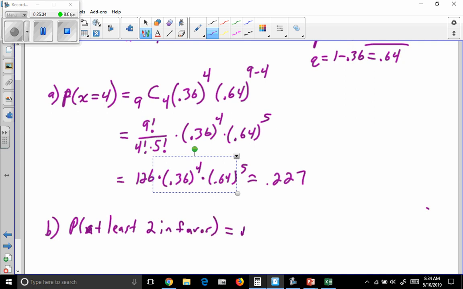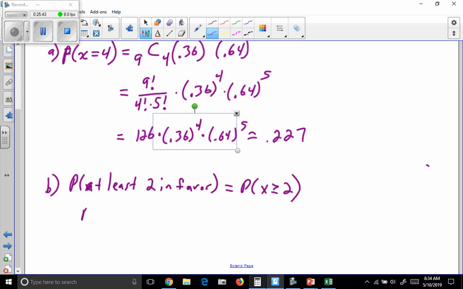At least 2 means greater than or equal to 2, which is the probability of having 2 or 3 or 4 or 5 or 6 or 7 or 8 or 9 successes.